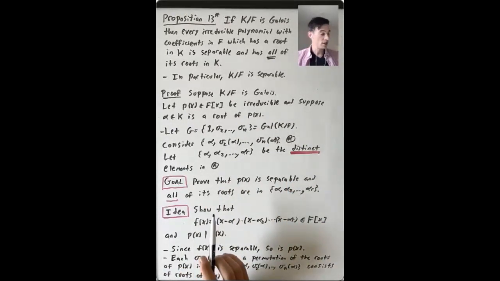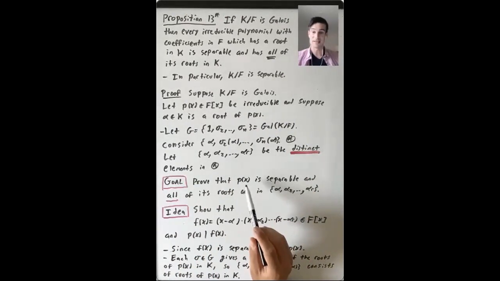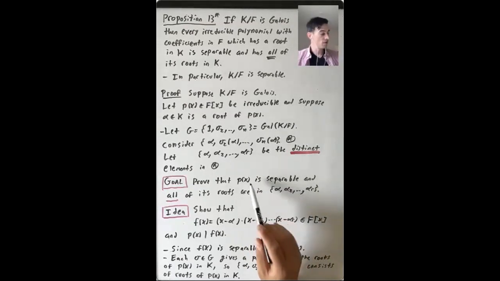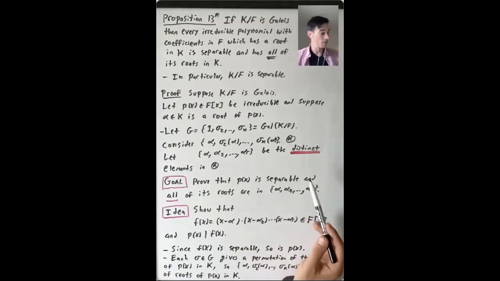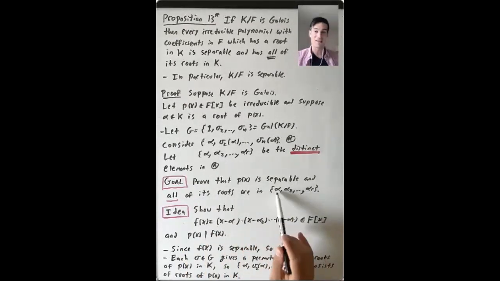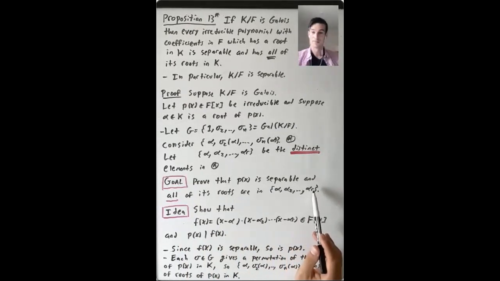Okay, so what are we going to do? Our goal, remember, is to prove that P of X is separable, and to prove that all of the roots of P of X are in K. So what we want to prove is not just that they're somewhere in K, but that P of X is separable and all of its roots are in this set of elements, alpha, alpha 2 up through alpha r.